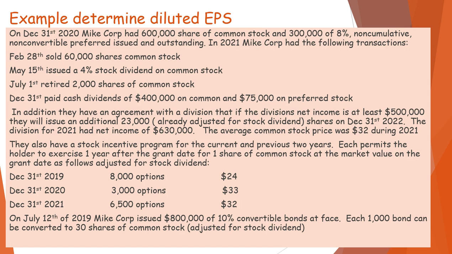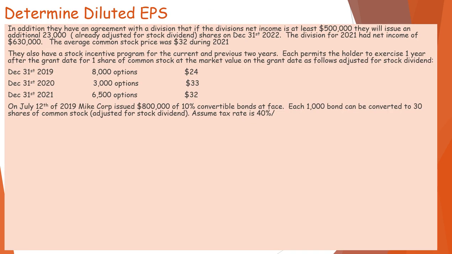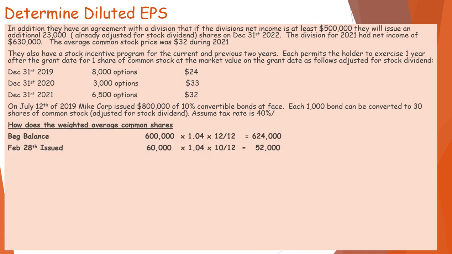Now, what does it look like for diluted earnings per share? Well, we have the same information. So let's work it through. First, at weighted average, we're going to take our beginning balance.